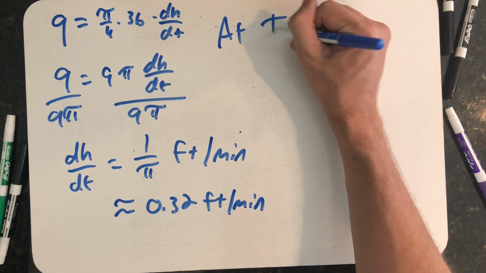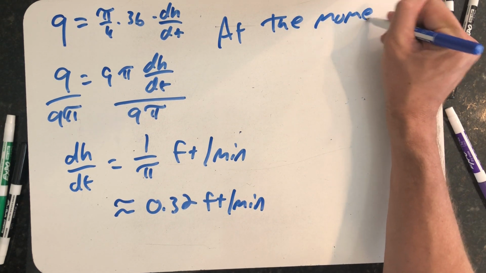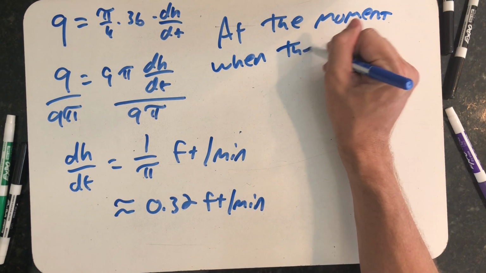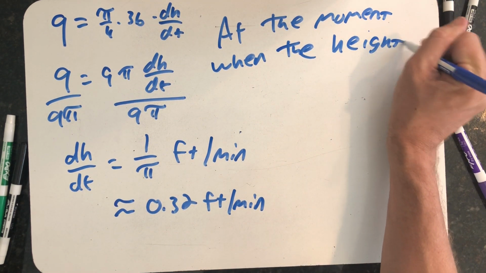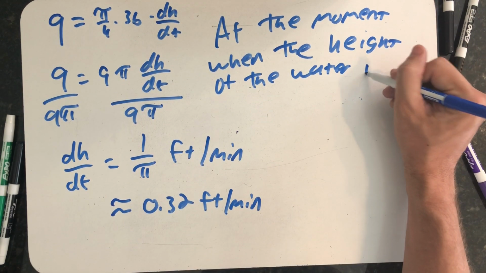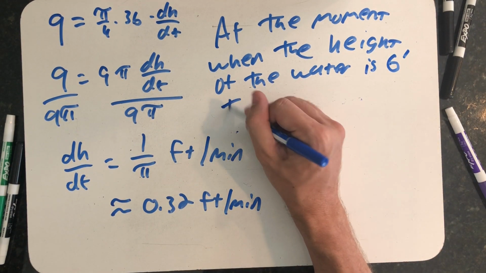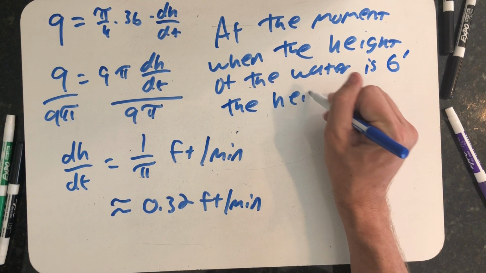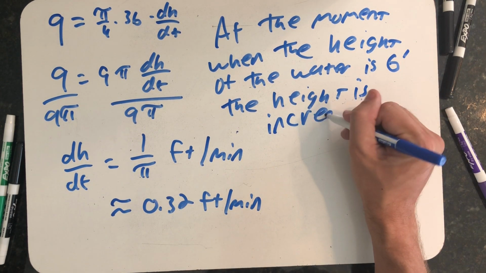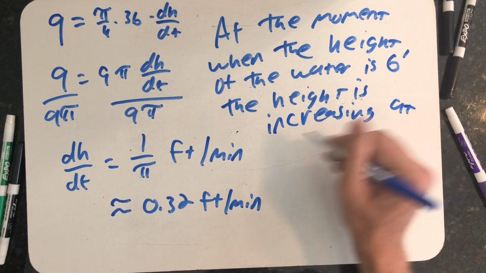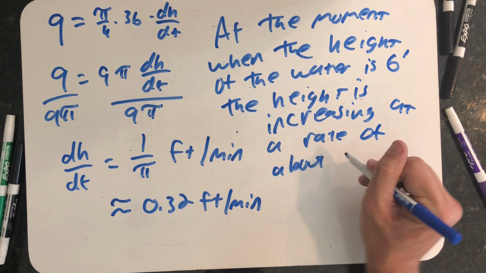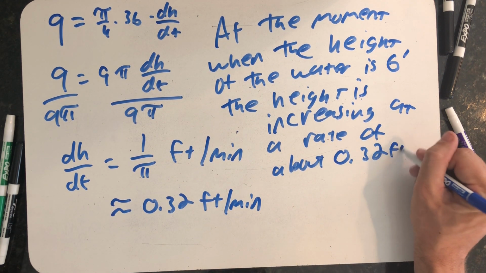At the moment when the height of the water is 6 feet, the height is increasing at a rate of about 0.32 feet per minute.